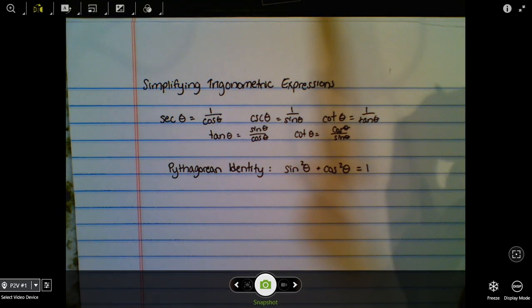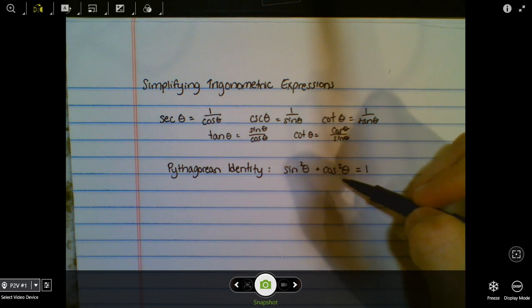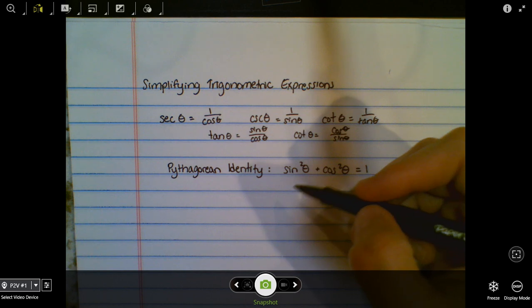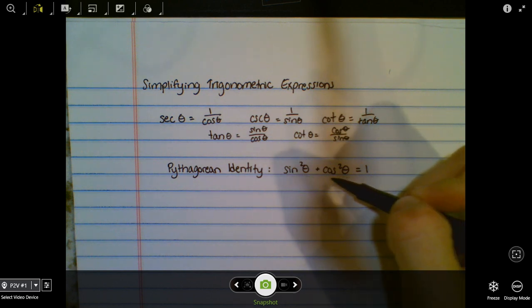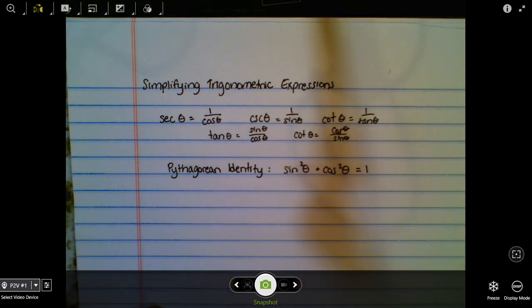So really this comes from the Pythagorean theorem, and that's as far in depth as I'm going to go with this now. That sine squared theta plus cosine squared theta equals 1. So as we're simplifying expressions, if we ever see sine squared plus cosine squared, we can know that that's really just 1, and use that as a really good tool to help us simplify.